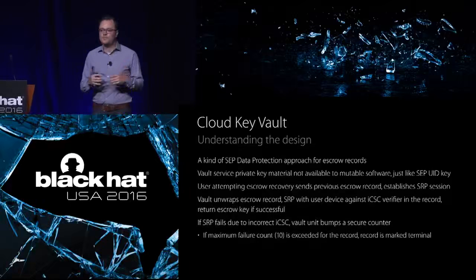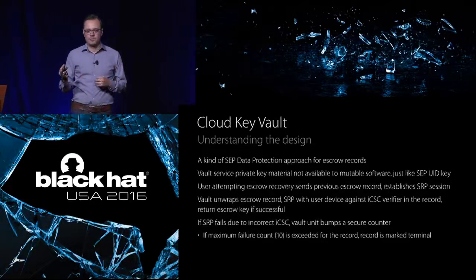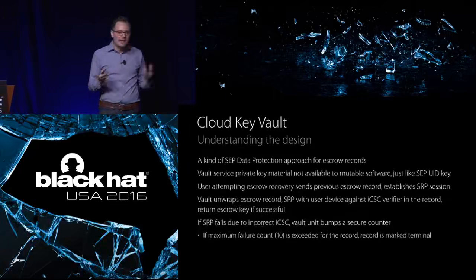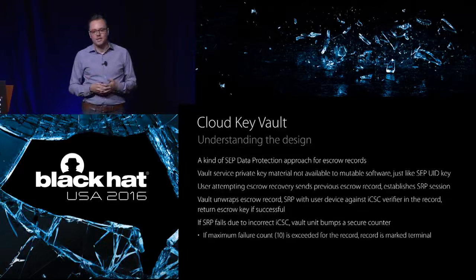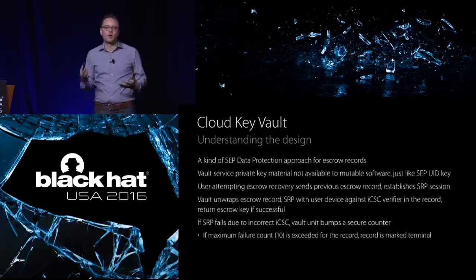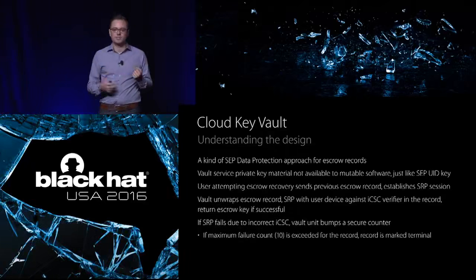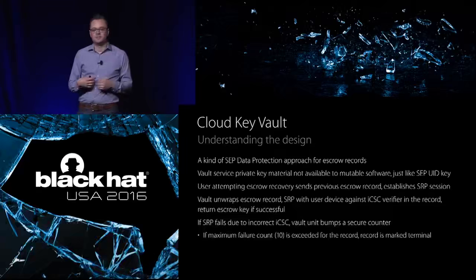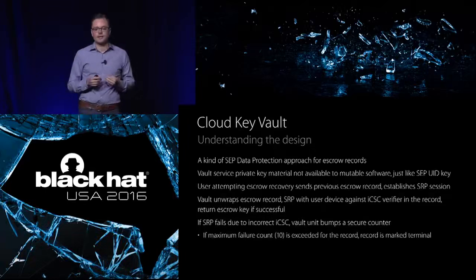Where does this get us? Well, we've effectively built a kind of data protection, but for escrow records. The private key for the Vault service is simply not available to any mutable software, just like our UID key in the SEP. And effectively, when a user wants to do an escrow recovery, they retrieve their escrow record from the Apple Cloud. They establish a session to Cloud Key Vault for SRP. And the Vault will unwrap the record and find the SRP verifier for the iCloud security code.